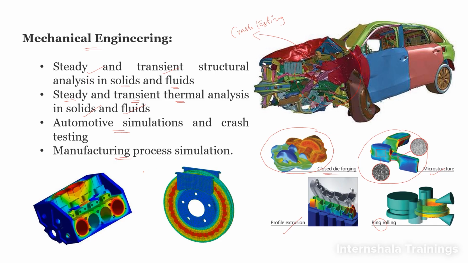Likewise, we can also use it to simulate stresses in an engine cylinder block, or here is an example where we simulate the temperature distribution on a disc brake. These are a few examples in which FEM is applied in the field of mechanical engineering.